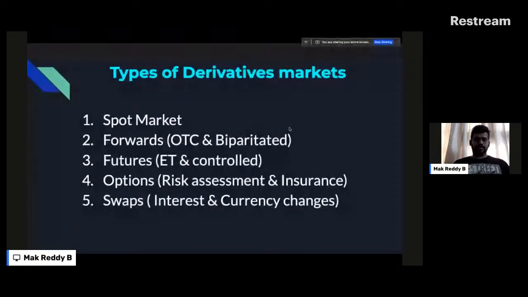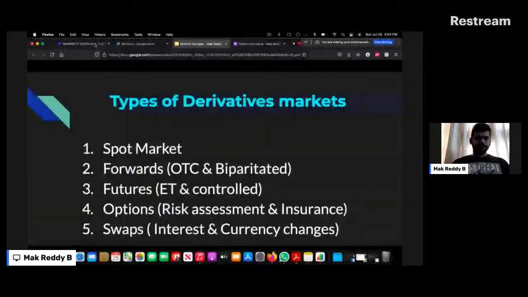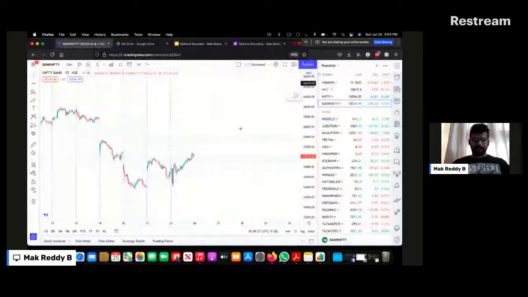Okay, and then come futures. Let me take one example here, like Reliance. Let me take a simple way.